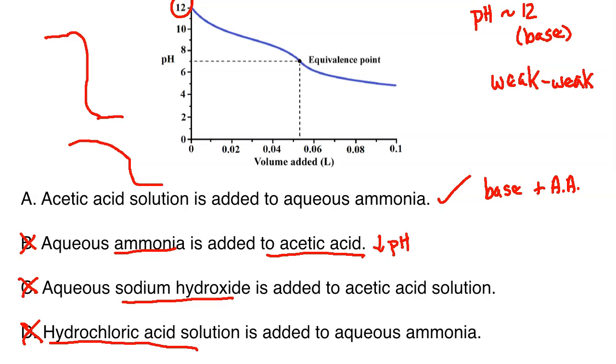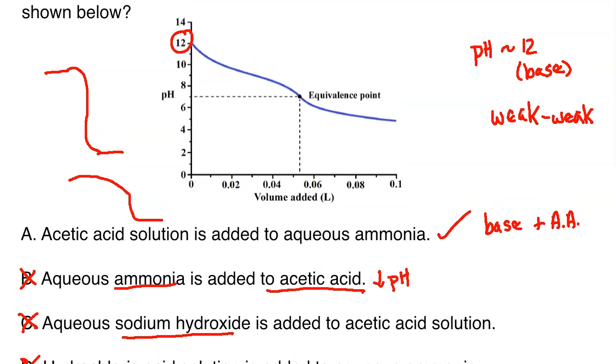And that's not what's happening here. We're starting at a basic pH, that was 0.1 that we came up with, and we're slowly declining. So just through process of elimination, we can see that A is the best selection. Acetic acid is being added to aqueous ammonia in a weak acid, weak base titration.